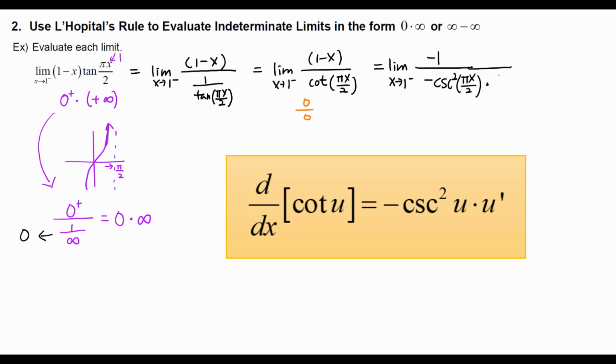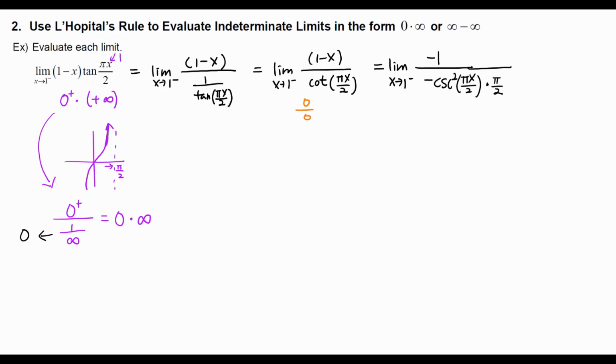And derivative of pi x over 2 is pi over 2. Let's simplify that now. Negative over negative makes it positive. This is an input for cosecant function, so I cannot touch that. However, pi over 2 is a constant multiple, so you can put it in the front, and pi stays there. But pi over 2, since 2 is in the denominator, let's actually put it on the numerator.